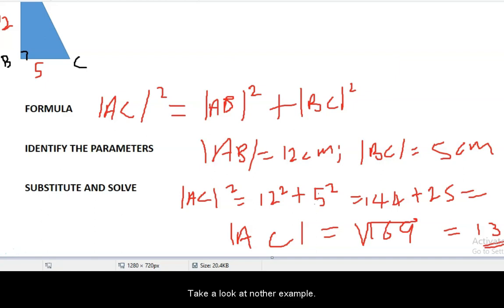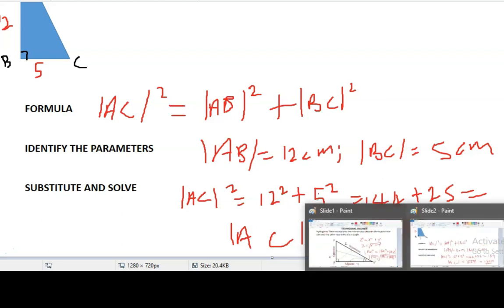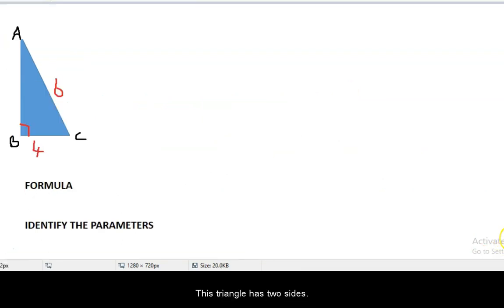Let's take a look at another example. This triangle has two sides given and the other one not given, but the difference between this and the other triangle is that the hypotenuse is given in this case. So we can still go by the same formula.